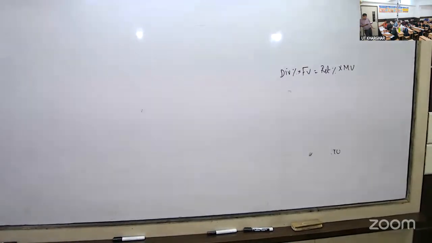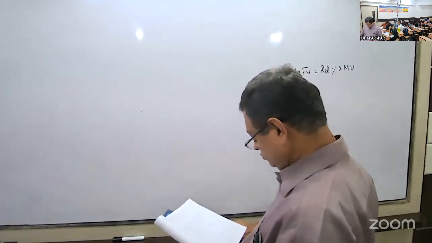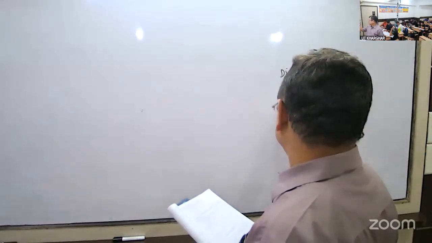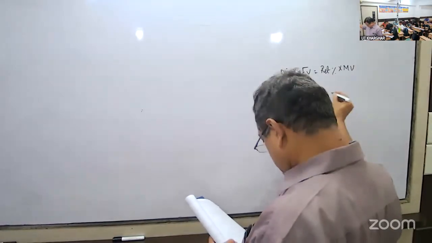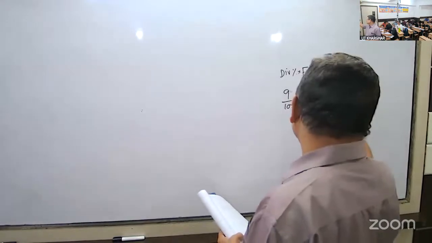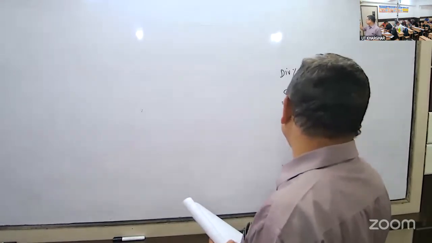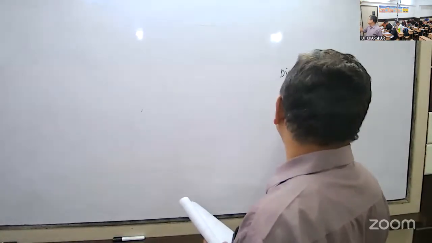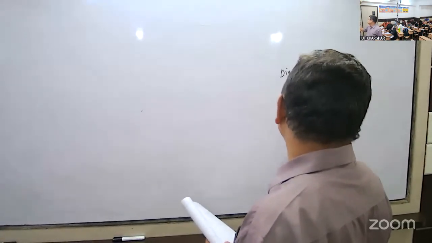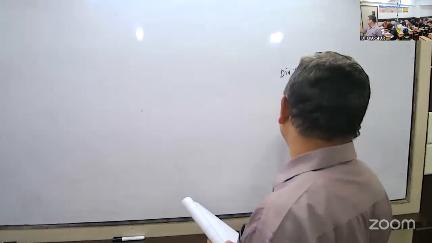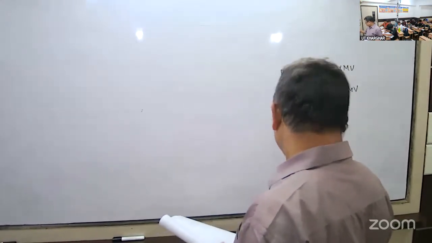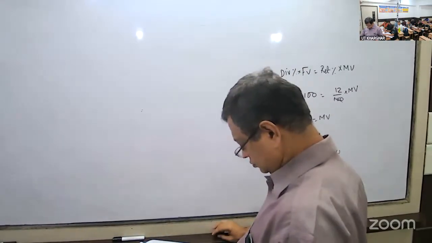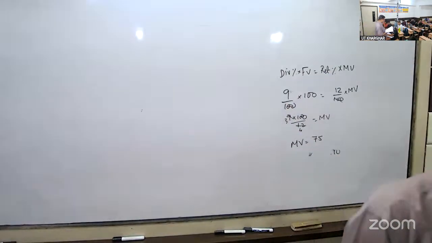Put the values: 9 by 100 into face value 100 is equal to return percent 12 by 100 into MV. Market value is equal to 75 rupees.